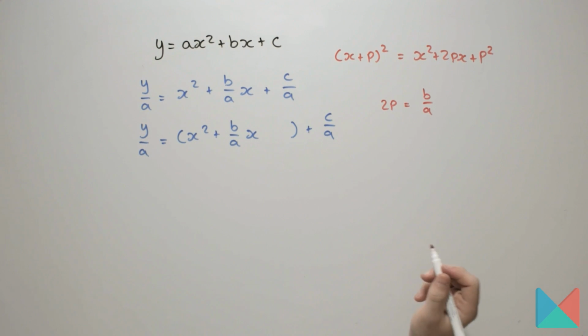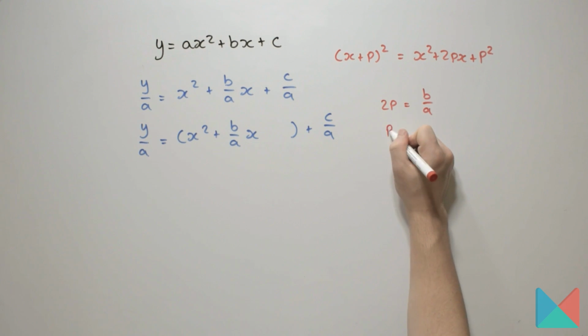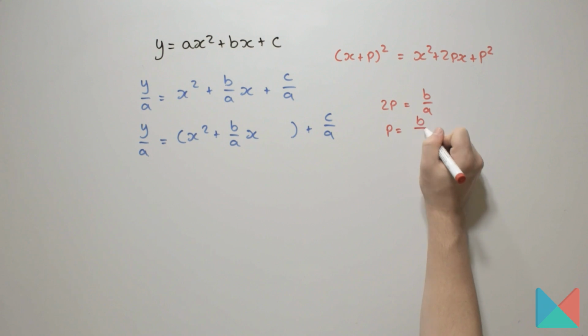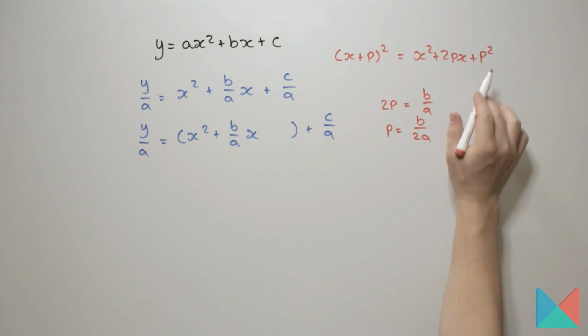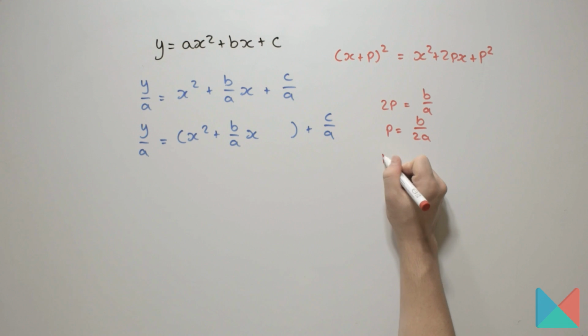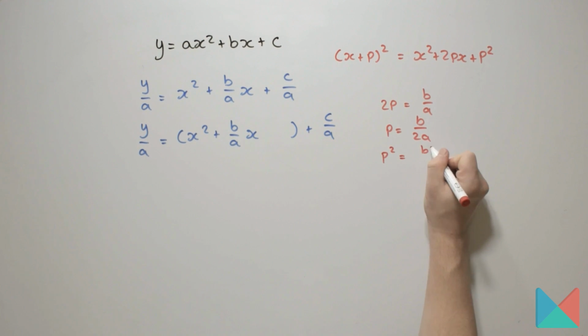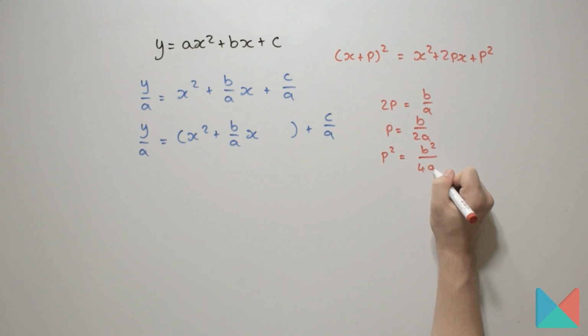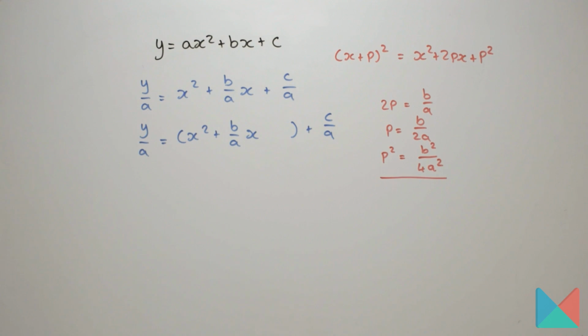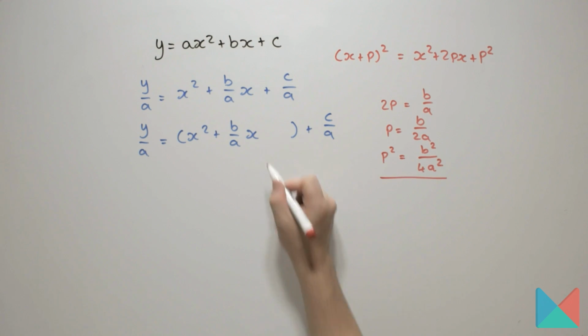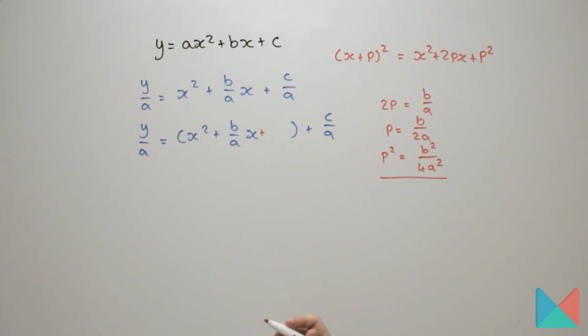And rearranging for p, we get p equals b over 2a. And we want to find this p squared term. So let's square p, and we get b squared over 4a squared. And so we can add that inside our brackets here to create a perfect square binomial.